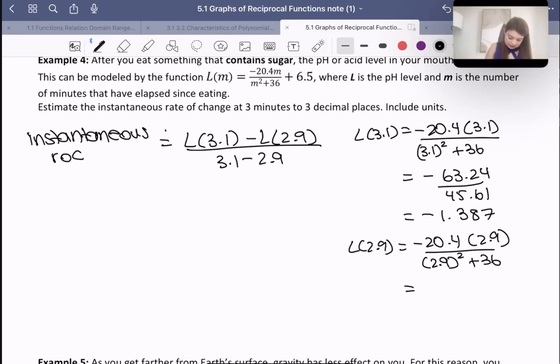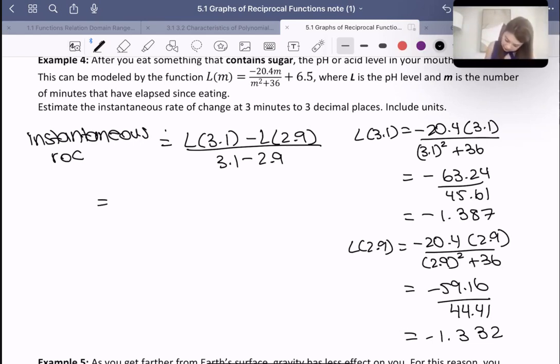So that's negative 59.16 over 2.9 squared plus 36, 44.41, which divided is negative 1.332.